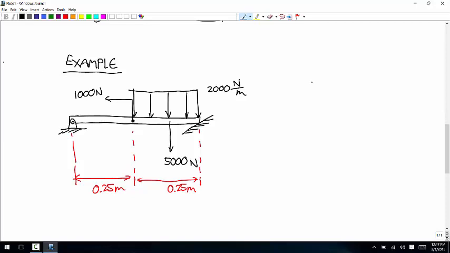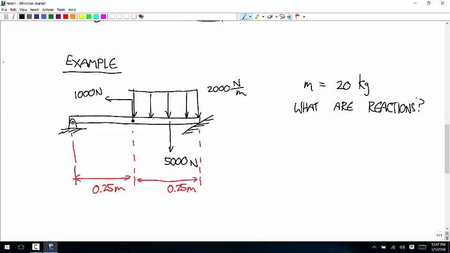Okay, so we want to calculate, and let's give it a mass also. Let's say the mass is 20 kilograms. What are the reactions?